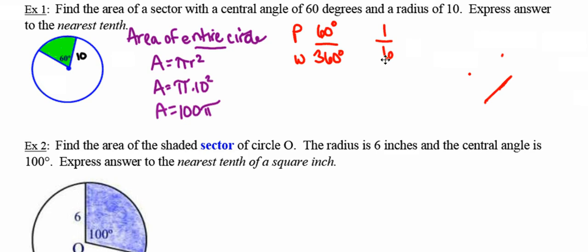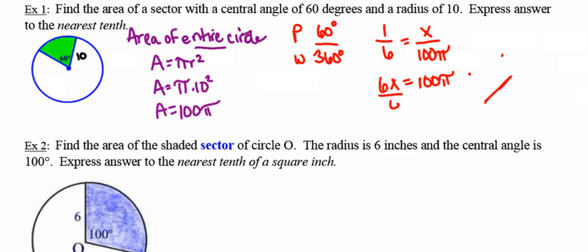All right, so part is to whole equals part, the area of my sector, over the area of the whole circle, which I found to be 100 pi. Now, to determine x, the area of my sector, I'm going to solve my proportion by cross multiplying. Going in one direction, I end up with 6 times x. In the other direction, I end up with 100 times pi times 1, or in other words, 100 pi.